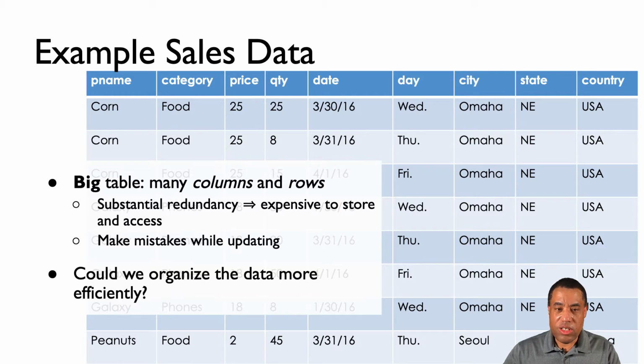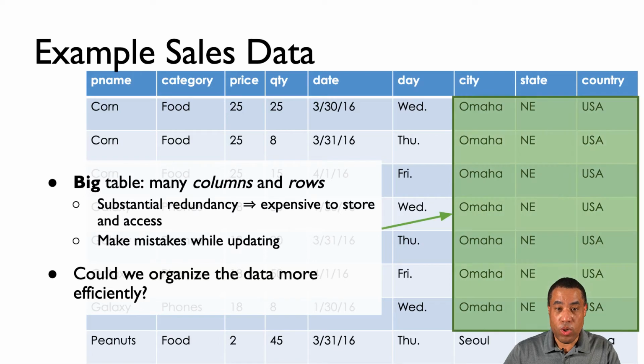So if we look at this table, we can see that there's a lot of redundancy. For example, the city, state, and country are always the same in this first set of rows, right? So if we have lots of sales that are occurring in Omaha, Nebraska in the US, why do we have to list Omaha, Nebraska in the US many times?